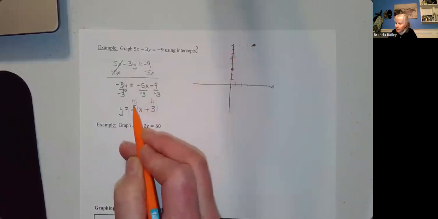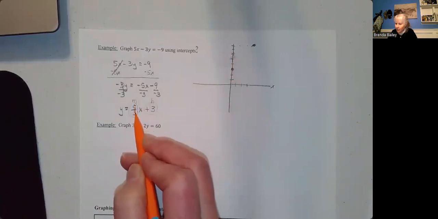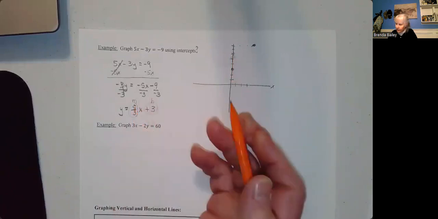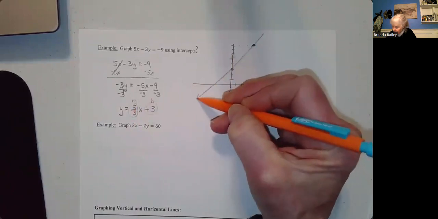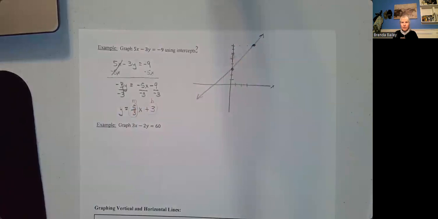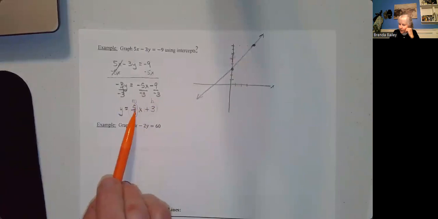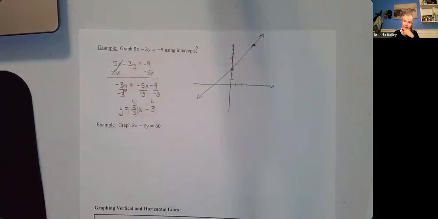So the slope is a path, rise over run. Okay, and then Pearson will connect it up for you. So I guess I should probably be using a ruler. All righty. So again, that's using the slope-intercept method because 5 did not go into -9.